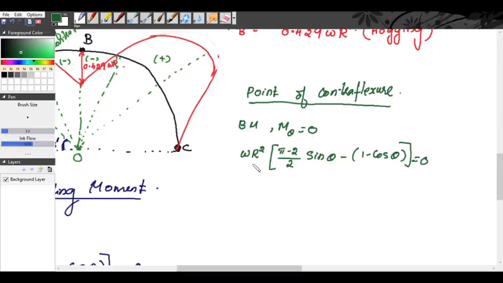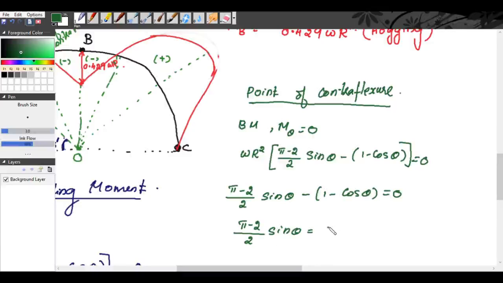Okay, so either W r square is equal to 0 or (pi minus 2)/2 sin theta minus (1 minus cos theta) is equal to 0. So we need to find theta. So (pi minus 2)/2 sin theta is equal to 1 minus cos theta.